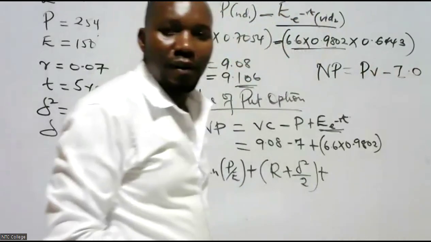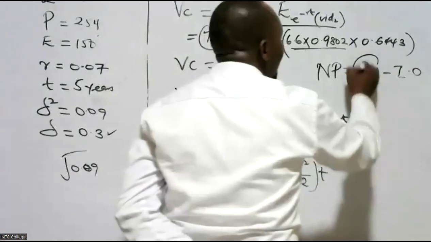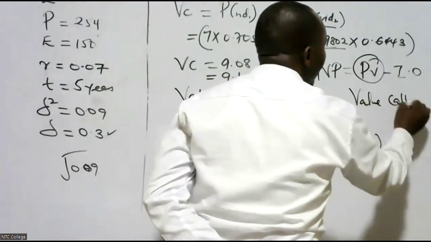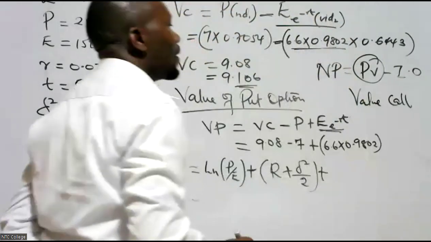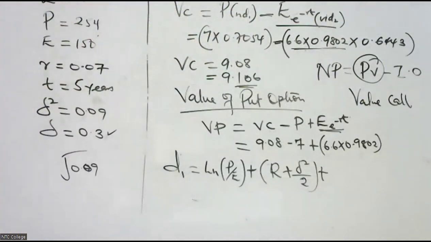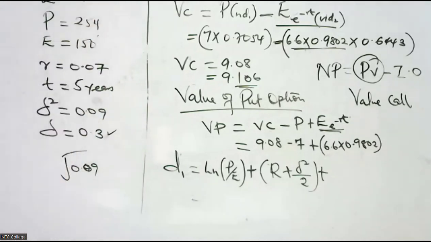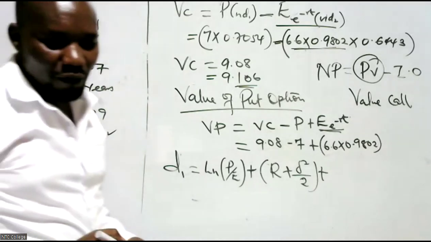Clear? And present value is the value of call. That is the PV minus IO. Let's calculate for me the value of call. Can you calculate the value of call?